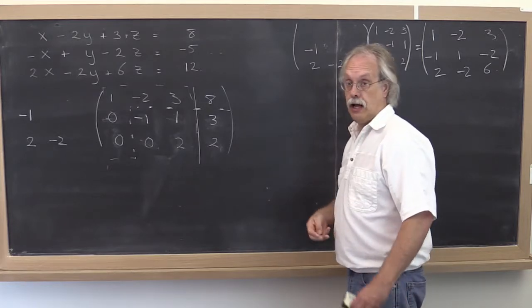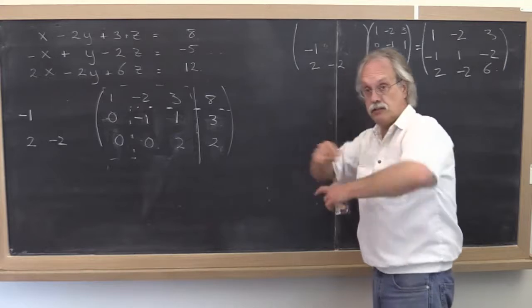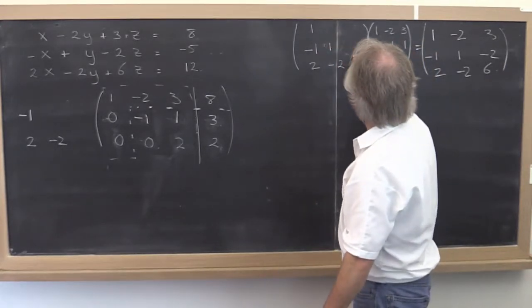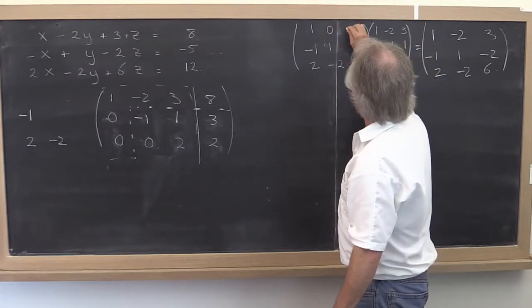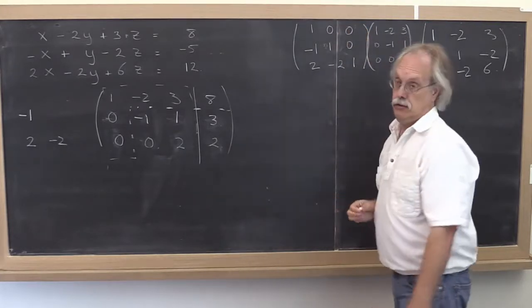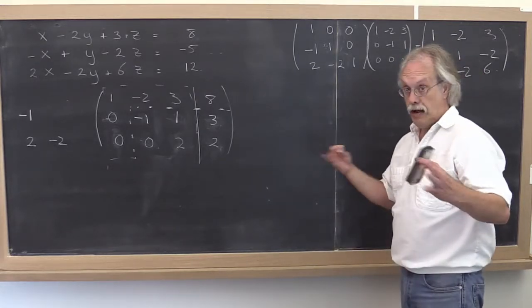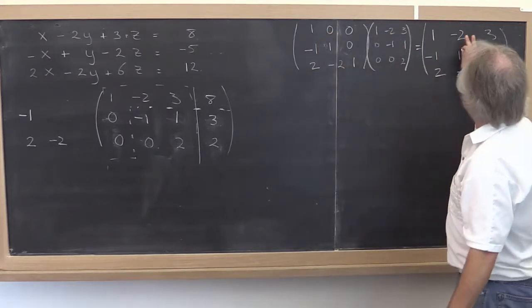Okay? Now this is the part that always makes me feel like a magician. Nothing up my sleeves. Here we go. If we put 1s on the diagonal in this matrix, and we put zeros above the diagonal, then magic, if you multiply this matrix times that matrix, you get that matrix.